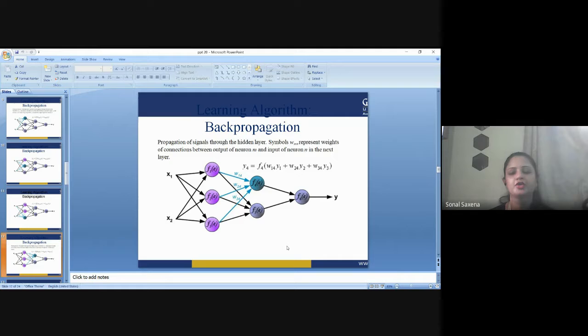Now this is propagation of signals to the hidden layers. Symbol W_mn here represents the weight of connections between the output of neuron m and the input of neuron n in the next layer.